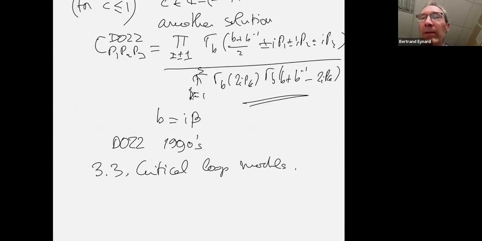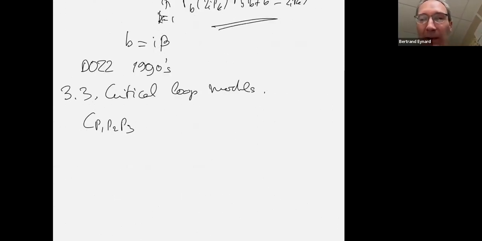Okay, so now we have the same formula, C P1, P2, P3. It was also found to describe some 3-point functions in critical loop models. So what are critical loop models? Well, in critical loop models, obviously you have diagonal fields, VP. Otherwise, our formula wouldn't mean anything in this model.